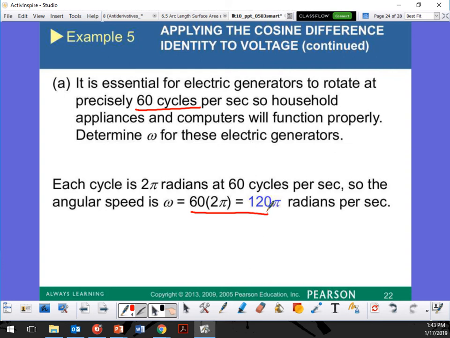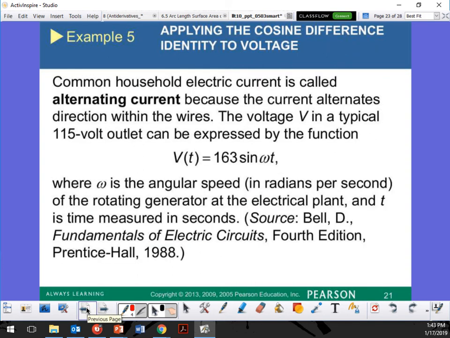So the formula is going to be 163 sine of 120 pi times t, right? Is it 162 or 163? 163.